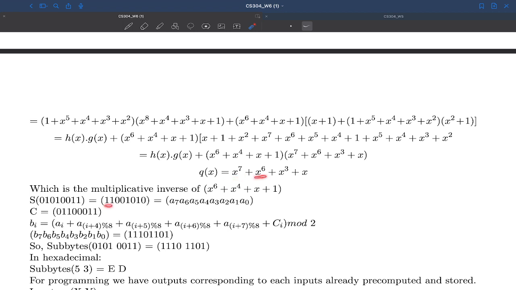Coefficient of x^6 is 1, so at index 6 I will write 1. Coefficient of index 5 is 0 here, so I'll write 0. Coefficient of x raised to power 4 is 0, so I'll write 0 at index 4. Similarly, the coefficient of x raised to power 3 is 1 here, so I will write 1 at index 3. So on, when I keep on doing this, I will get this binary form.